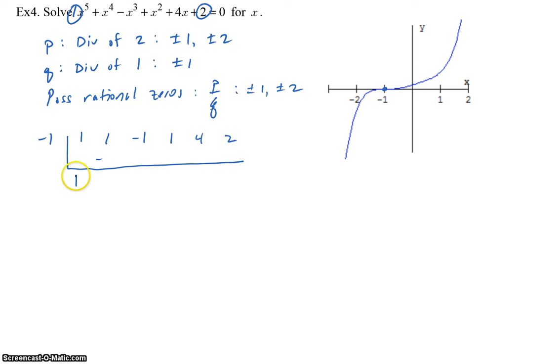Bring down the 1, multiply, add, multiply, add, multiply, add, multiply, add, multiply. And indeed we see that -1 is a 0, x plus 1 is a factor. Now the problem is that at this point the quotient we obtained in the bottom row is a fourth degree polynomial.